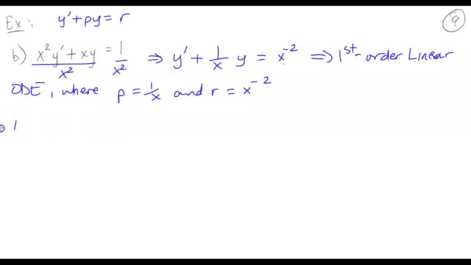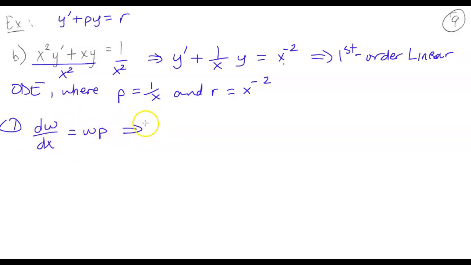So now that we've identified that, the first thing that we know is that the derivative of w, which is our integrating factor, with respect to x, is going to be equal to w times p. And we've already said that p is just 1 over x, so we'll go ahead and put that in when necessary.